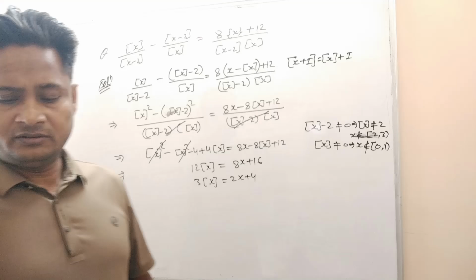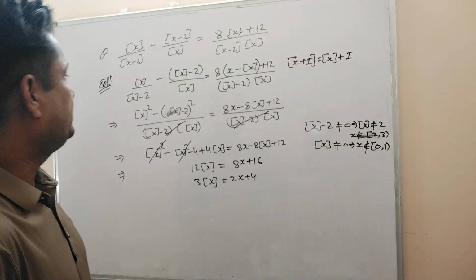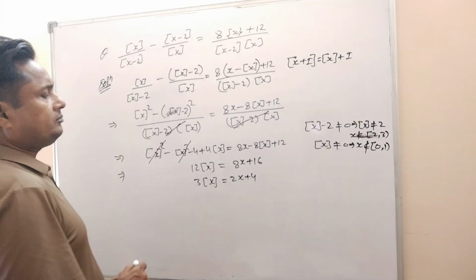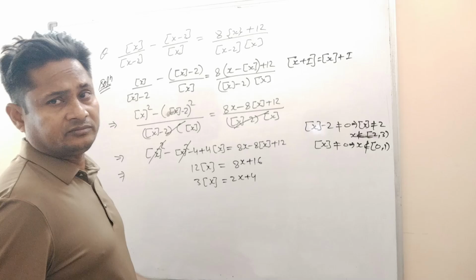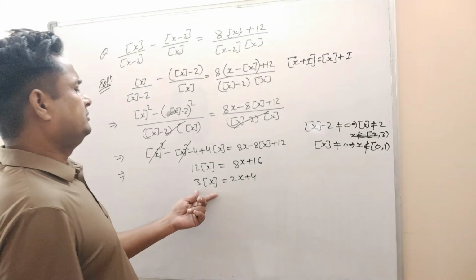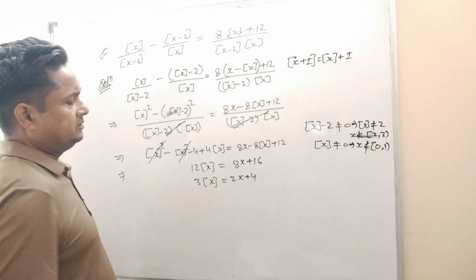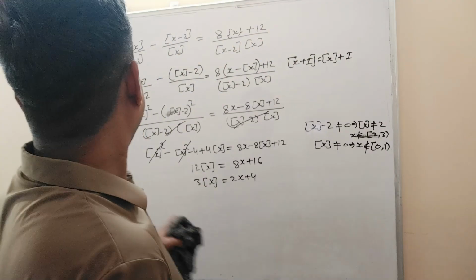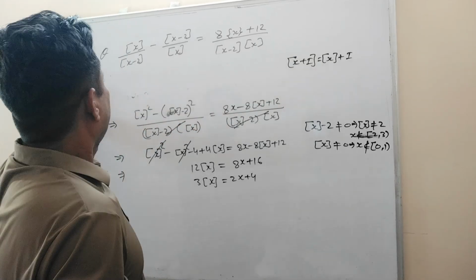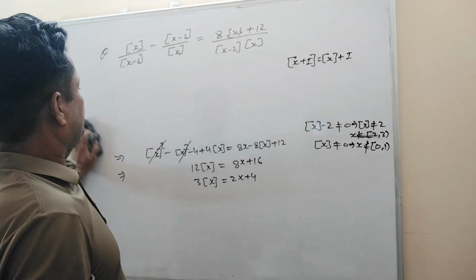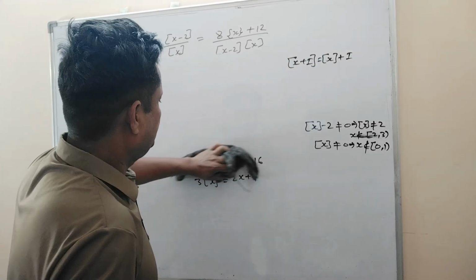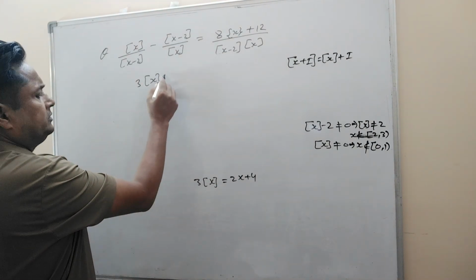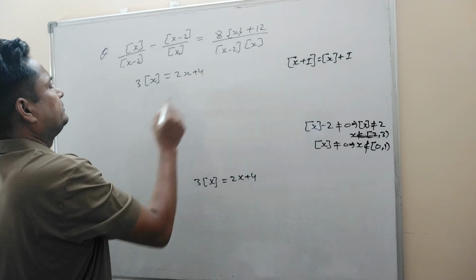So this is the final equation. Now we can solve this equation in many ways, whatever method you want. Here, 3 times greatest integer of x is equal to 2x plus 4.